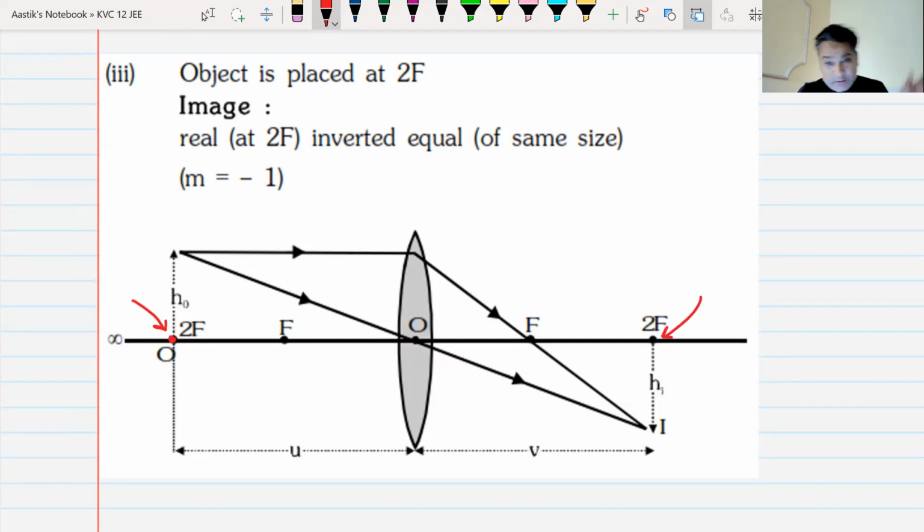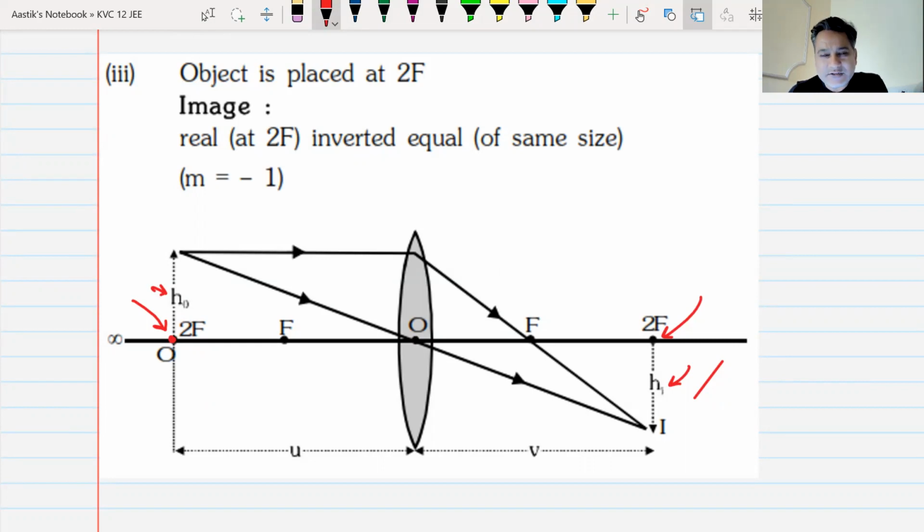The image is formed at 2f on the other side, and the image is of the same size. HO and HI both are the same. Magnification is -1. Magnification is negative. That means that the image is real. If the image is real, image has to be inverted. So you see an inverted image of an erect object. The object is like this, the image is like this. This is case number 3.